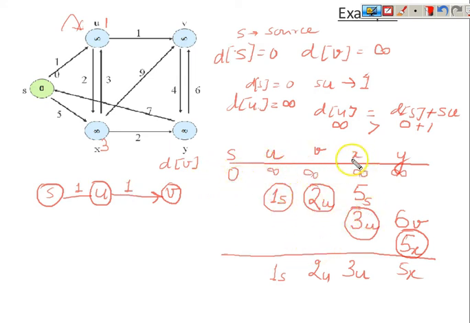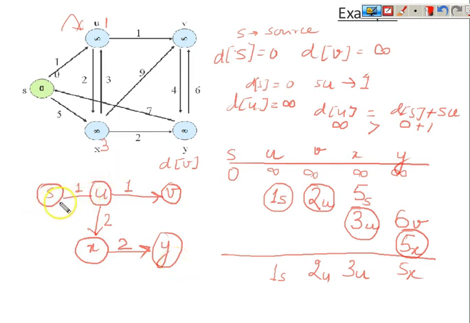And to x I can go at cost 3 from u. And to y I can go from x, and the cost is 5. So 3 plus 2 is 5. So this is the answer.